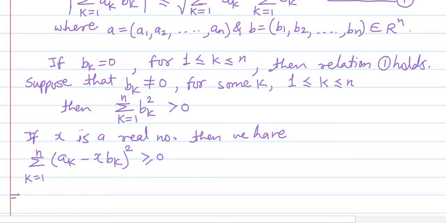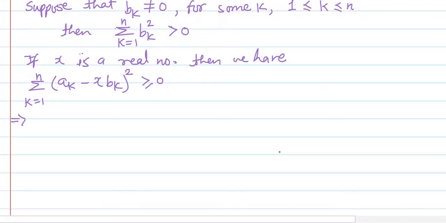So this implies that we simplify this expansion. The summation over k equal to 1 to n of ak square is the first term, the square of this.